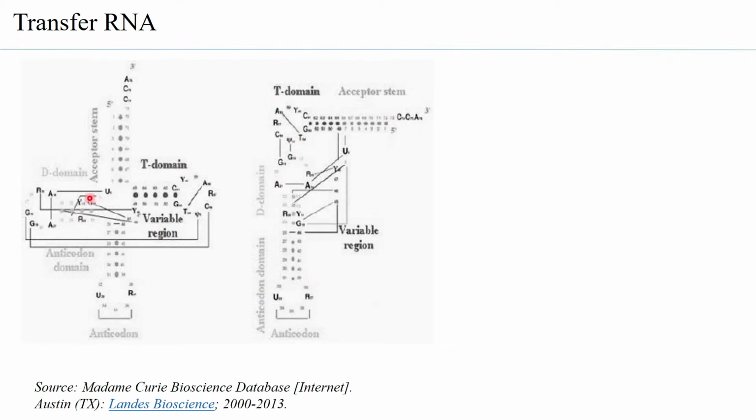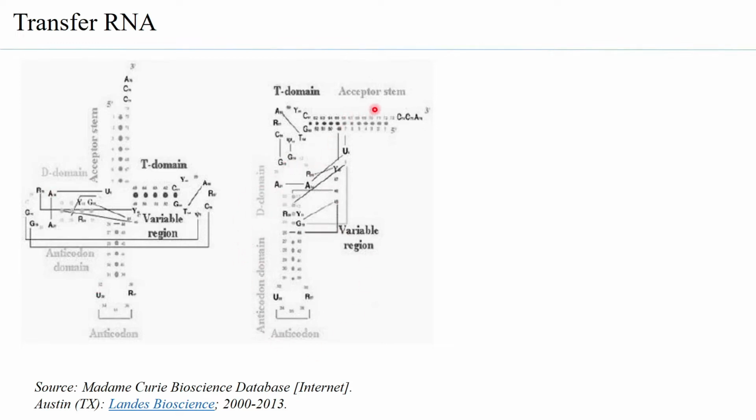The D domain interacts further with the T domain to form what is called the inverted L shape. You can see how the acceptor arm and the T domain form a single structure here, and the D domain and anticodon domain with the variable region form this arm.